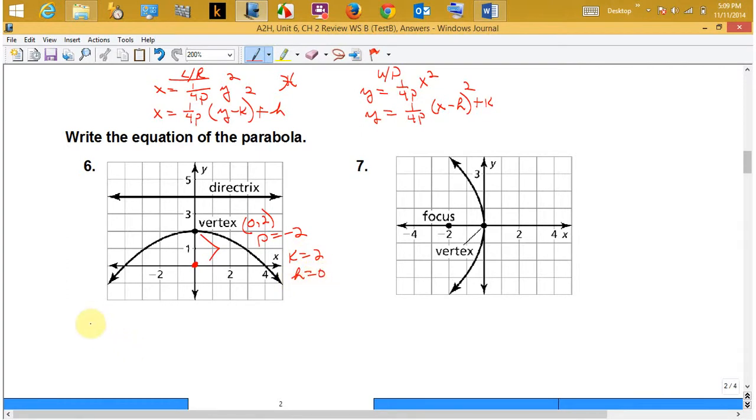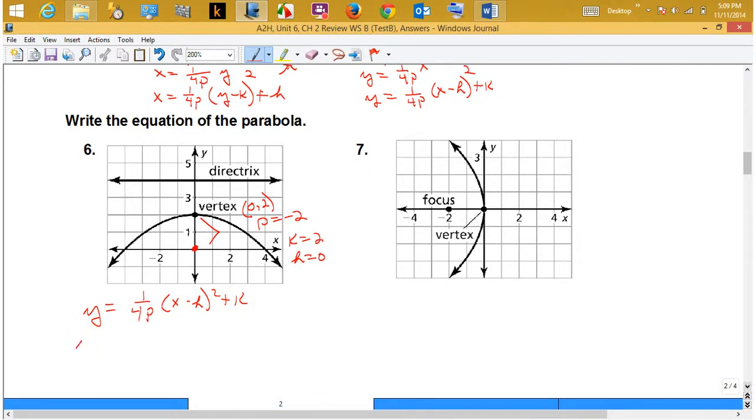So using my equation form, since it's opening downward, it's going to be a y type: y is equal to 1 all over 4p times x minus h squared plus k. And let's stick in the values. So y is equal to 1 all over 4 times a -2.